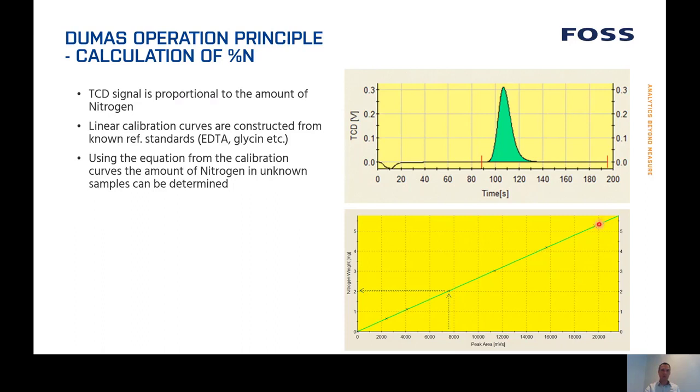On the basis of the calibration curve you can insert your unknown sample and then have a reading that, okay, this is the amount of nitrogen that is in the sample. This is just some principles of the Dumatec and the calculation of the nitrogen, and then you add the protein factor to convert it into protein.